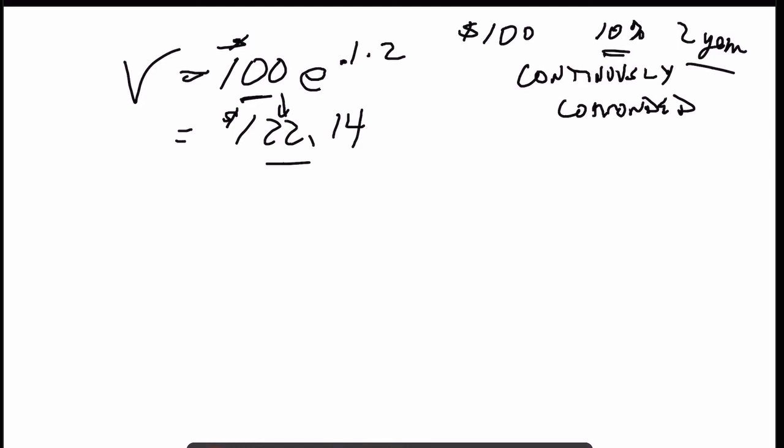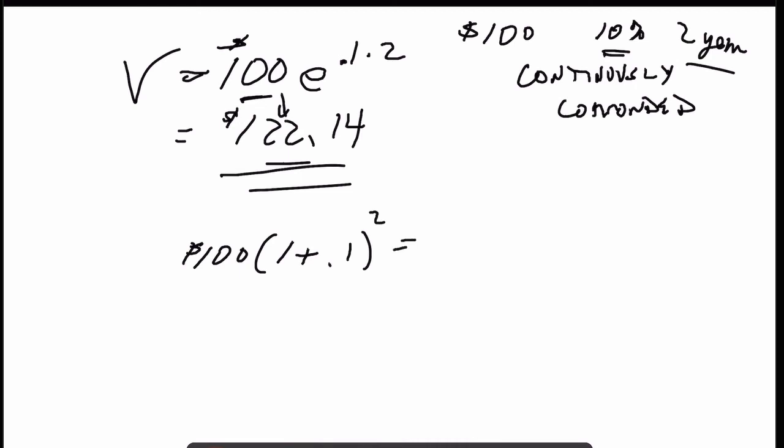Anything that grows continuously, right? No? The old school way, the way you were taught before, you'd take 100 and you'd say 1 plus 0.1 to the 2 power, right?